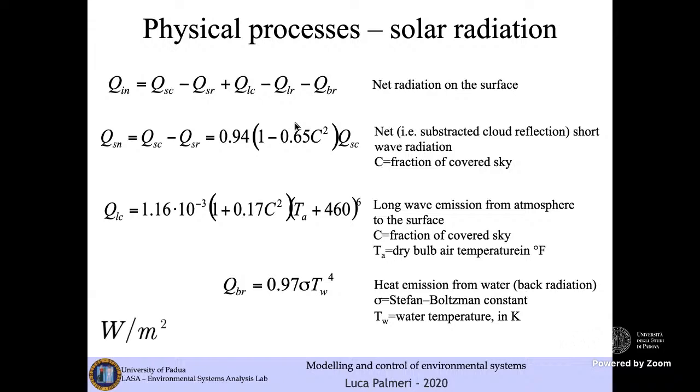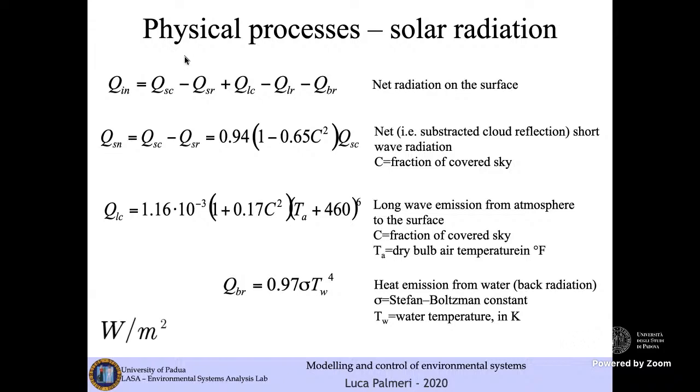We may employ an empirical model, which depends on the fraction of the covered sky, on the square of the fraction of the covered sky. C is a fraction, so it goes from 0 to 1. You have 1 for totally covered sky and 0 for totally clear sky.